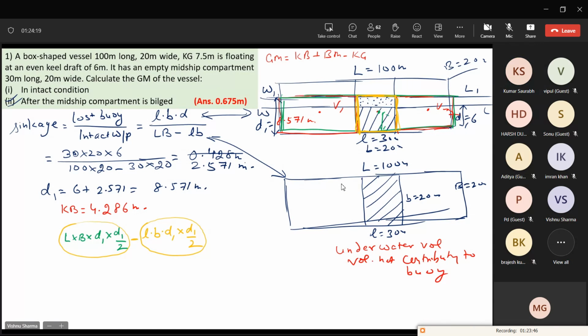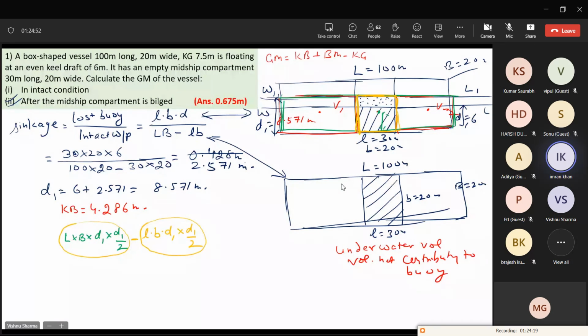The underwater volume now comprises of two parts. One, which is contributing to buoyancy. Second, which is not contributing to buoyancy. So from the total moment, I have removed the moment of the volume that was not contributing to buoyancy. So then what are you left with? You are left with vertical moment of volume of buoyancy, yes or no?